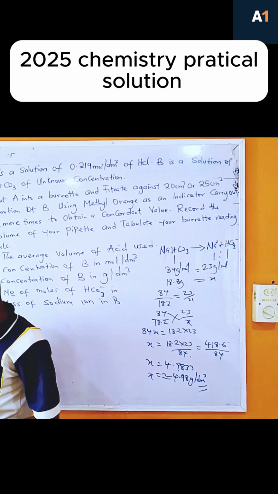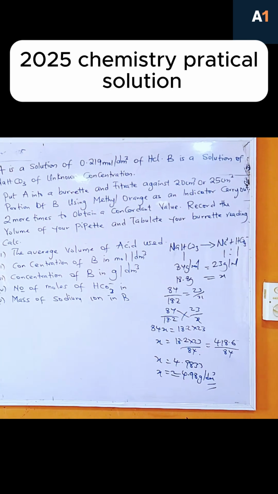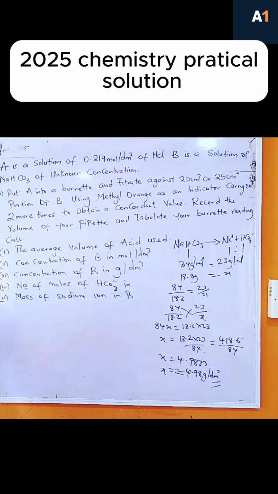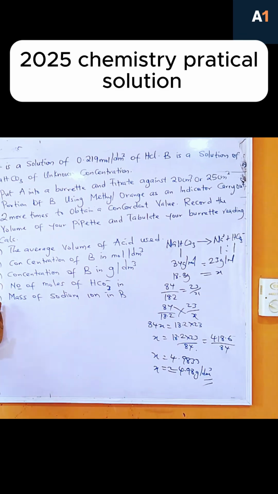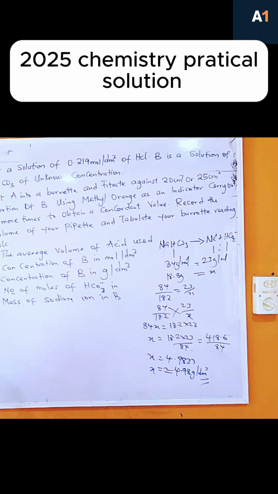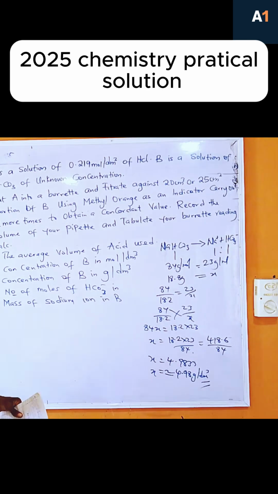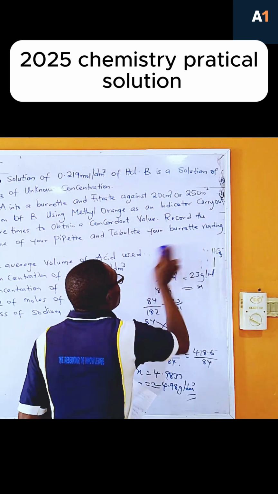So now they may even ask you for this. Apart from what is listed here, they can also ask you the amount of sodium in 25 centimeter cube. Let me clean this one.